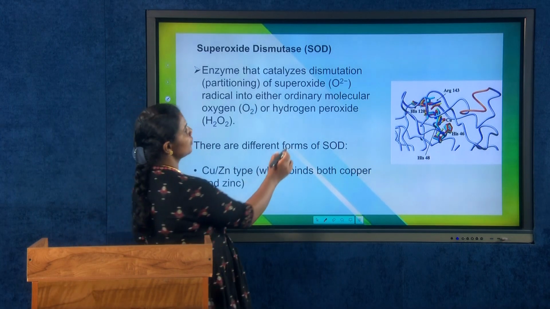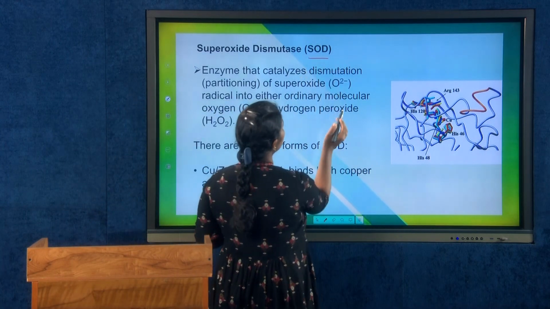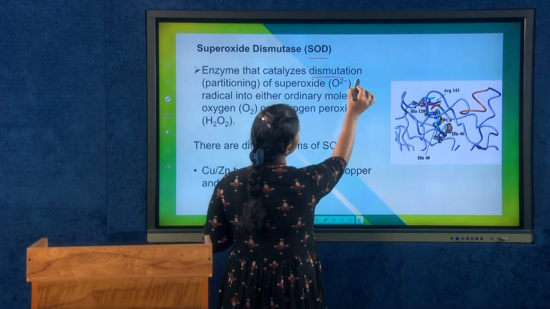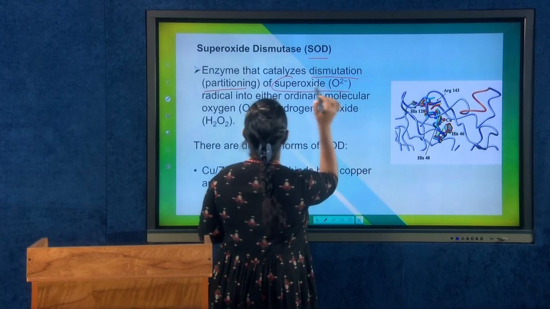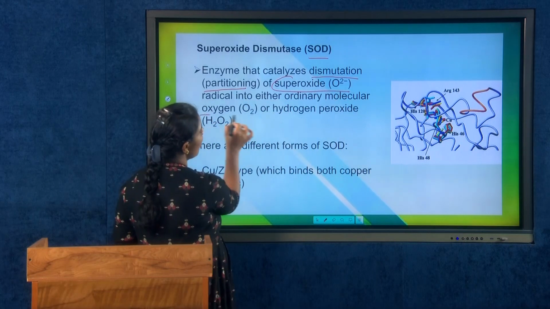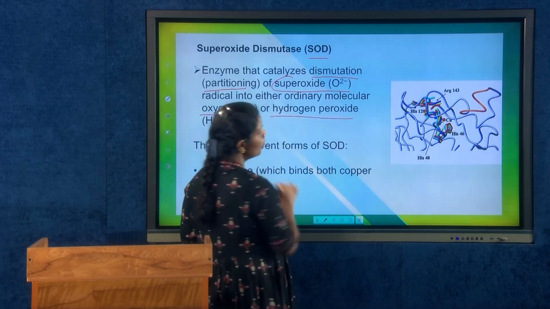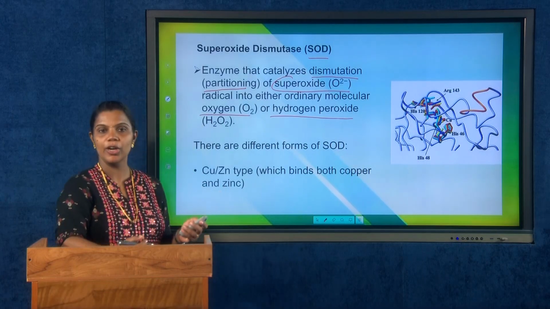So the function of superoxide dismutase is the dismutation of the superoxide radical into molecular oxygen or the less harmful hydrogen peroxide.